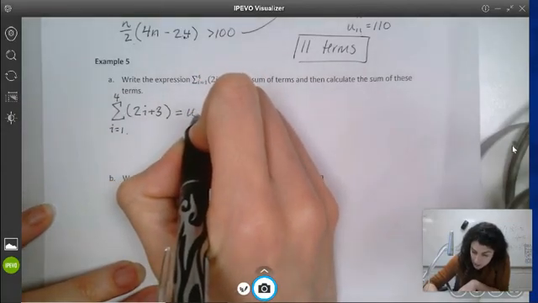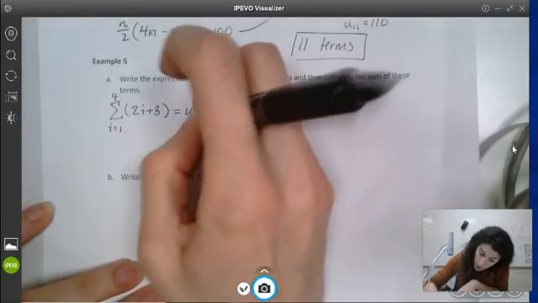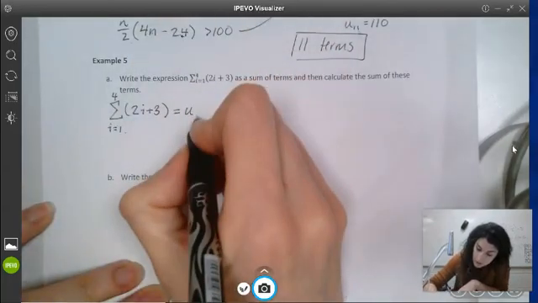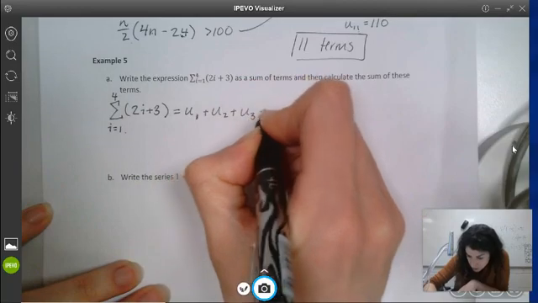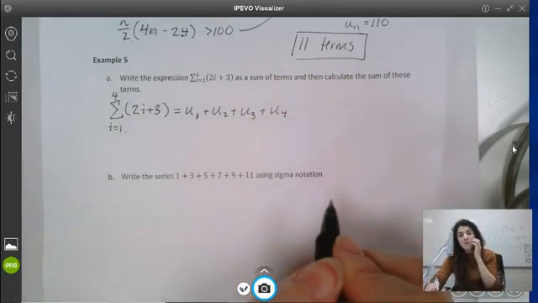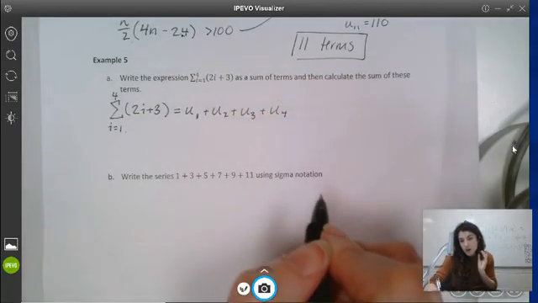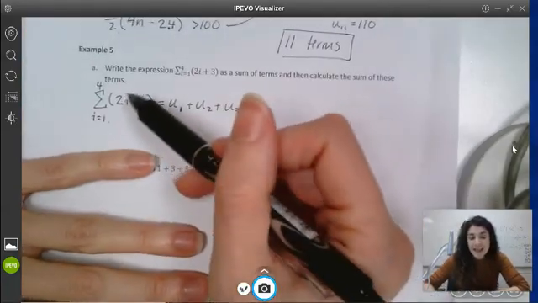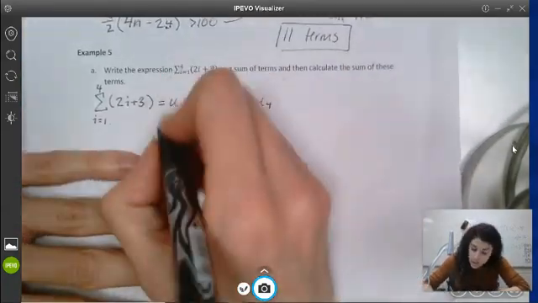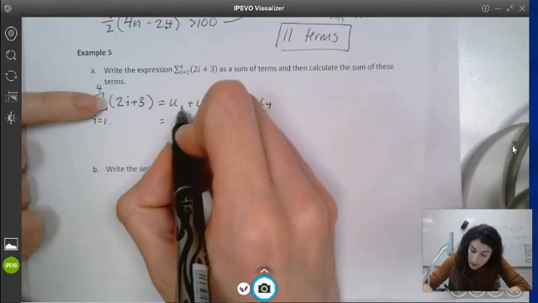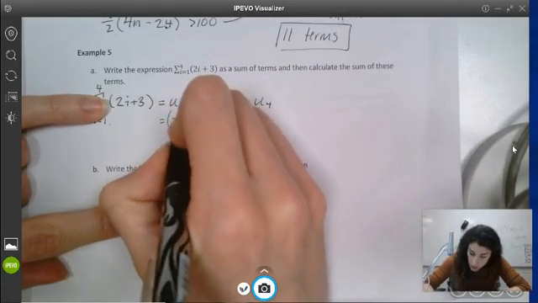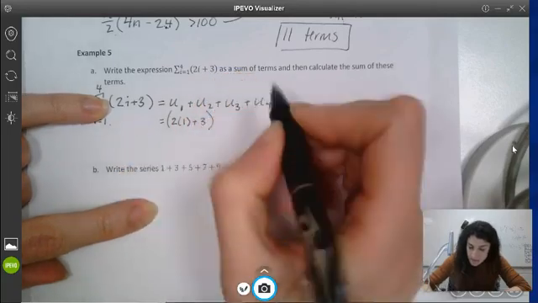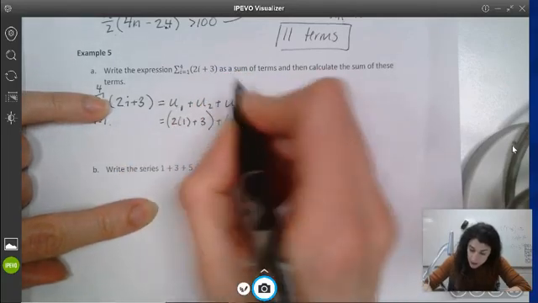So it's really like our u sub 1 plus u sub 2 plus u sub 3 plus u sub 4. We're talking about the sum of our first 4 terms. And we just need to figure out what those 4 terms are. And this is the equation that gets you there. If we replace i with 1, we get 2 times 1 plus 3 for our first term.